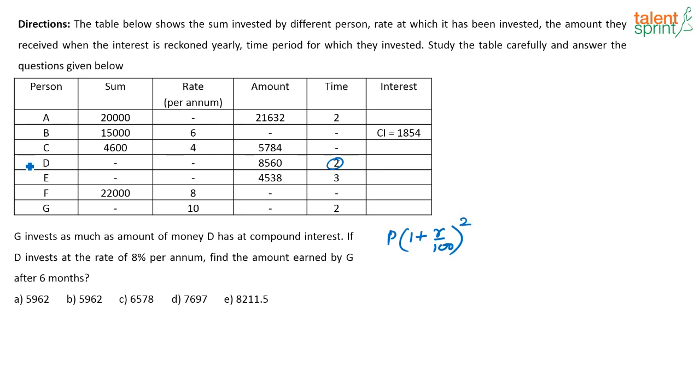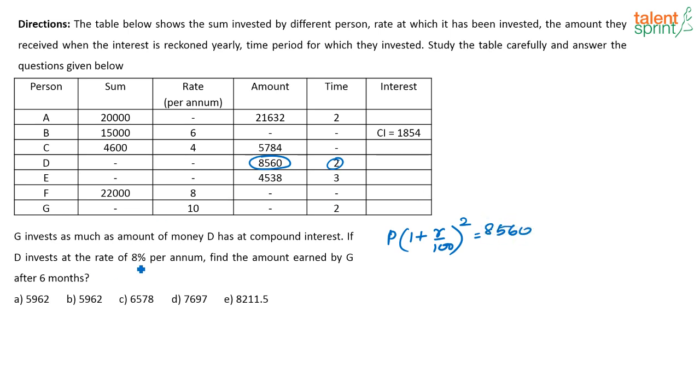whole to the power of 2, correct? That's what D has invested, and this amount that D has is nothing but 8560, correct? See, D has invested some amount P at R percentage interest for 2 years, and the amount that he gets is 8560.